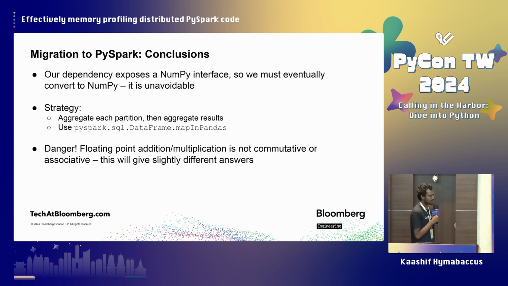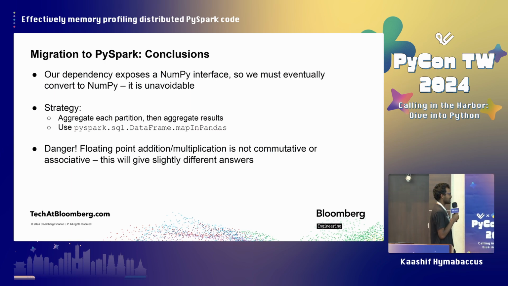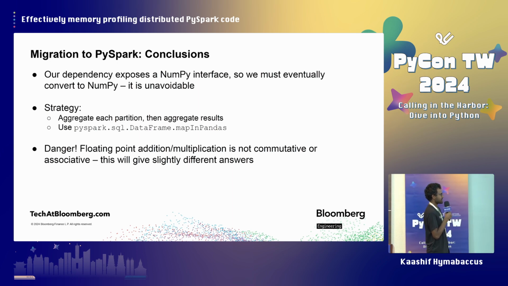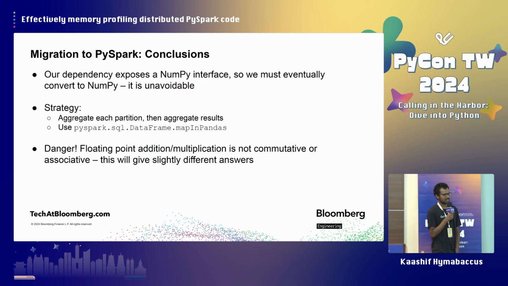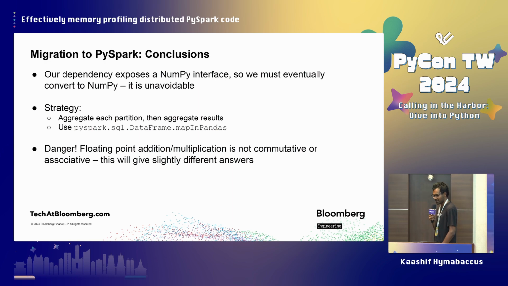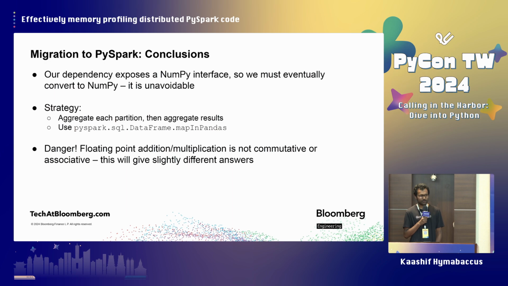The one thing I do want to highlight as well is that if you do this two-stage aggregation process, you're doing your additions and multiplications in a different order, so you're going to get different answers. This isn't a talk about floating point multiplication or addition, but it's not commutative or associative.